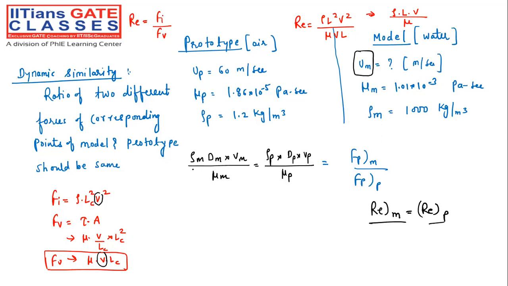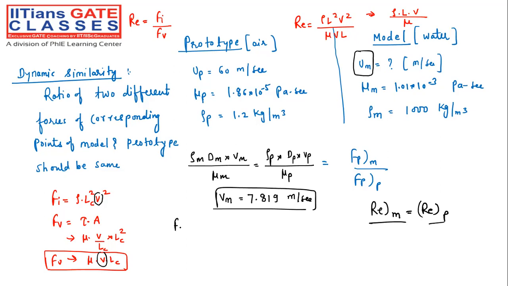Now, if you put in the data that has been given and calculate the velocity of the model, you will get 7.819 meter per second.